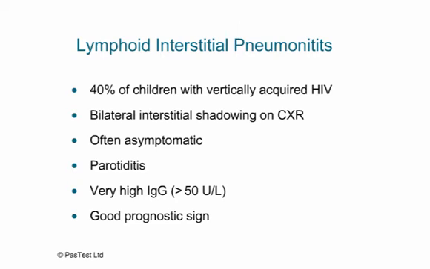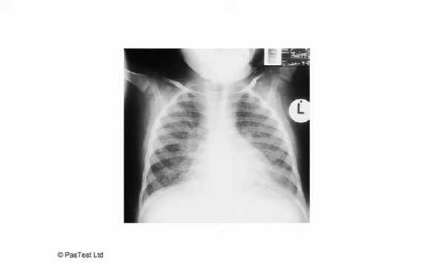It's associated with lymphoproliferation, so there's what appears to be a lymphocytic infiltration on the chest X-ray with interstitial shadowing. There's often parotitis. There's often a very high IgG level, greater than 50 units per mil. And here you can see a chest X-ray with a characteristic appearance of LIP involving symmetrical lung fields, really quite hazy.